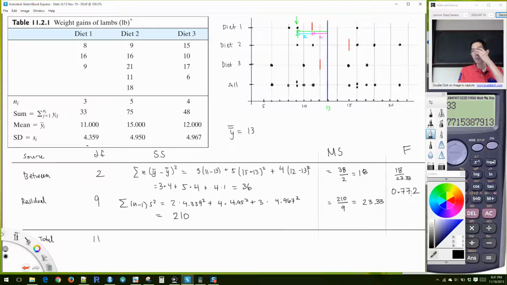Okay, and so you do not have an F table as part of your reference packet, so I will show you how to use the F table. So the 4th edition of the textbook came with F tables. The 5th edition of the textbook does not.